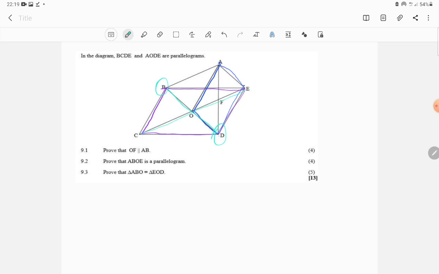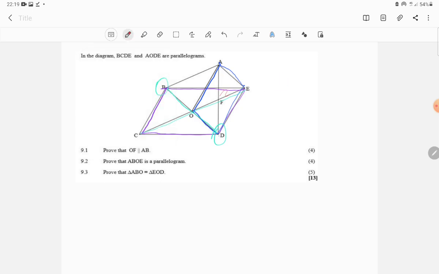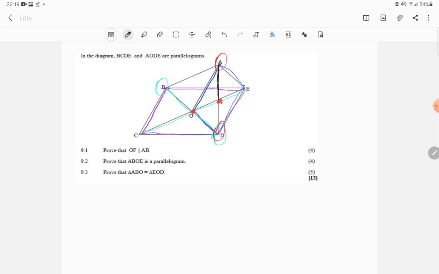Then in the smallest parallelogram, we also have F being the midpoint of AD, the diagonal of the smallest parallelogram. So we have O and F being the midpoints of two sides of a triangle that we can draw. This is the triangle that we have now.